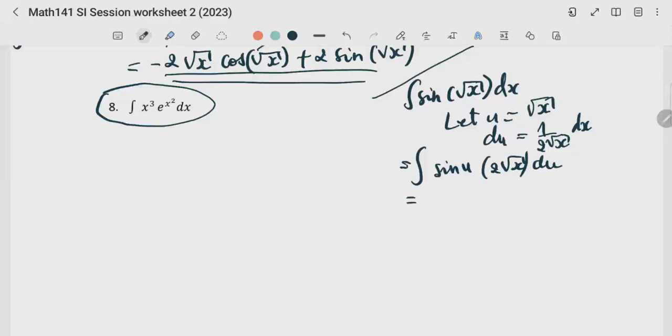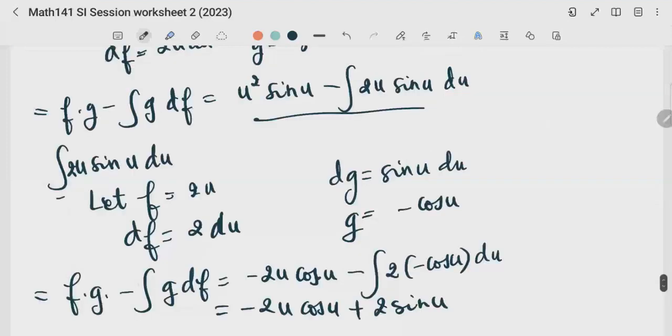Which will give you, we know that u is root x, so this will give you just 2u sine u du, right? Which integration by parts is easily implemented here to find the solution to this. In fact, I've already done that for, yeah, there you go.